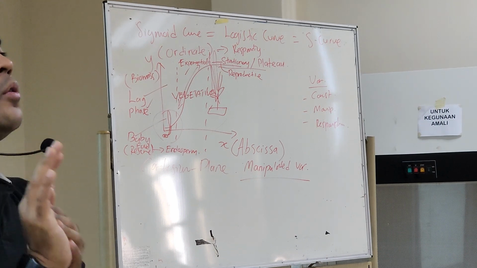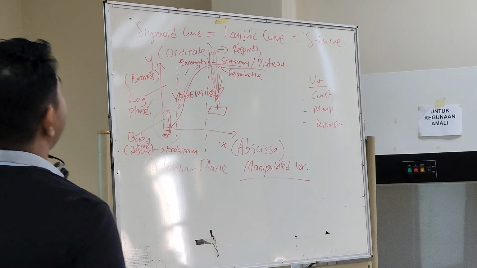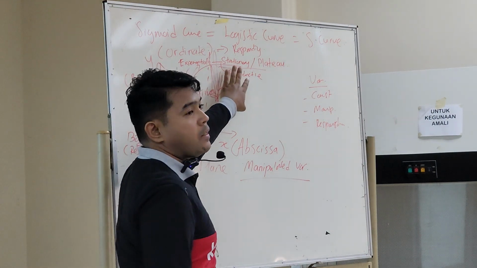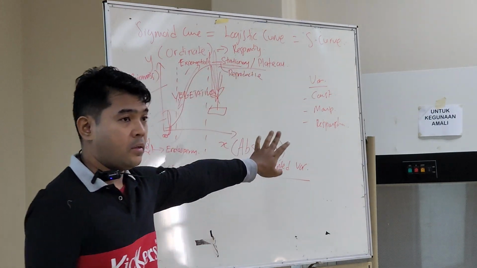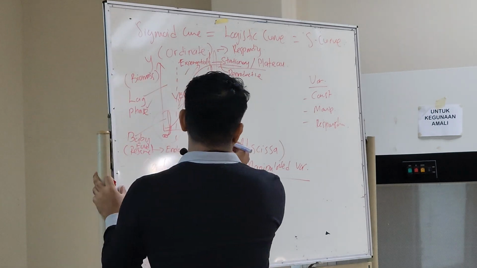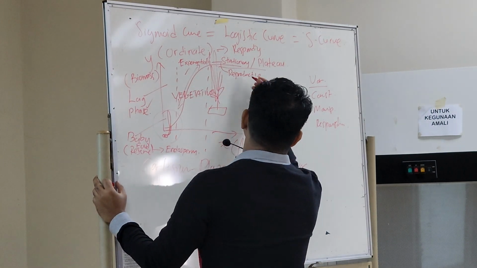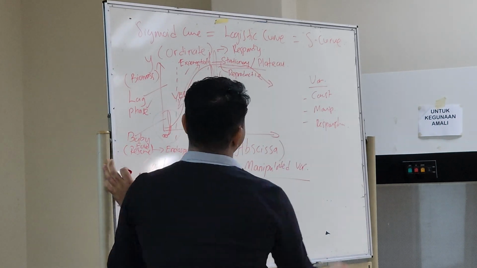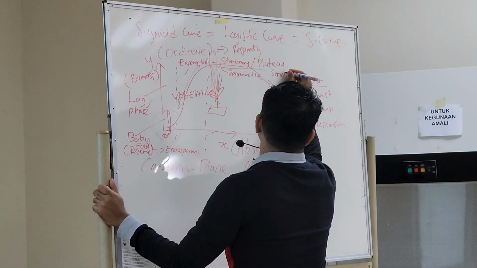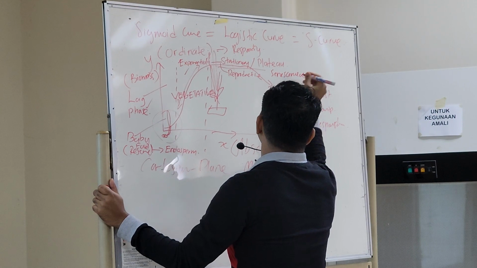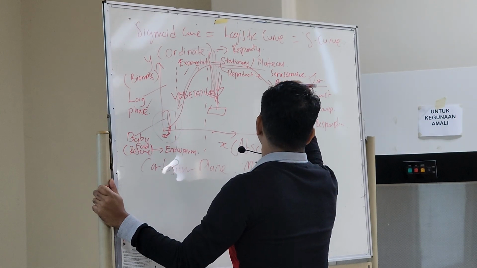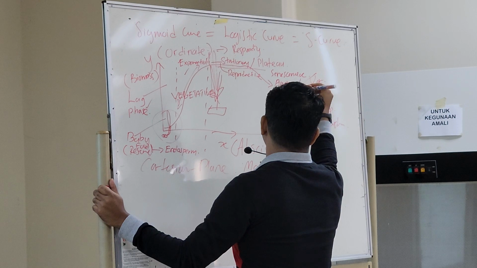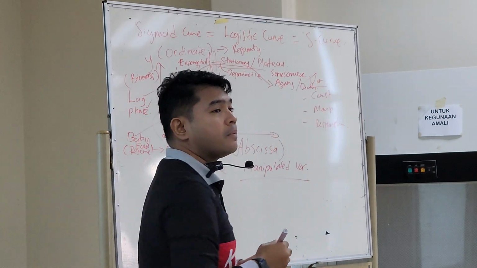Okay, so that's why you are not getting very much biomass increment in the stationary phase. And if the time keeps on progressing, you are going to see a decrease. So this is actually called senescence or aging, or maybe death actually, in the case of annual.